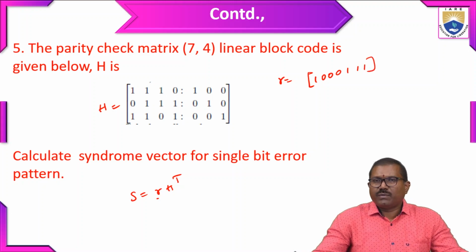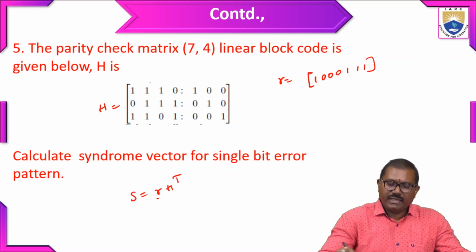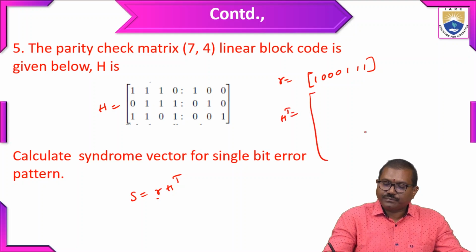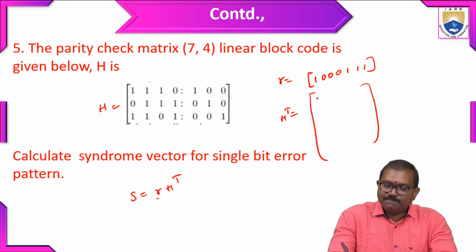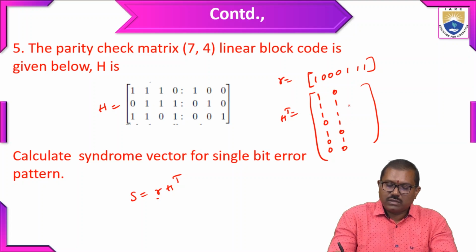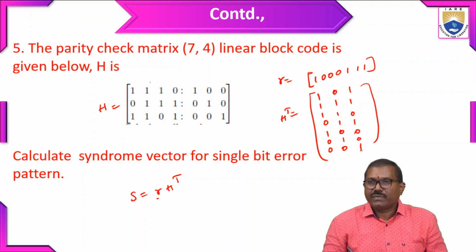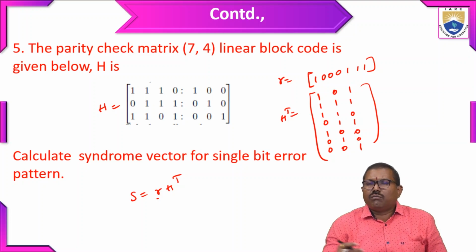This is my H. H transpose is, so rows as columns: 1 1 0 1 0 0, 0 1 1 1 0 1, 0 1 1, 0 1 0 0 1. This is my H transpose. Then I multiply this R into H power transpose.